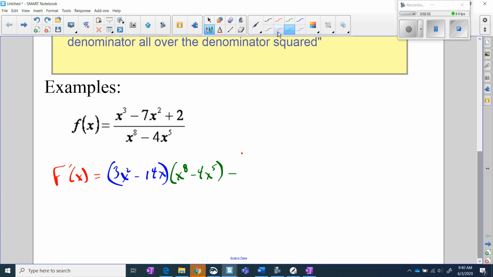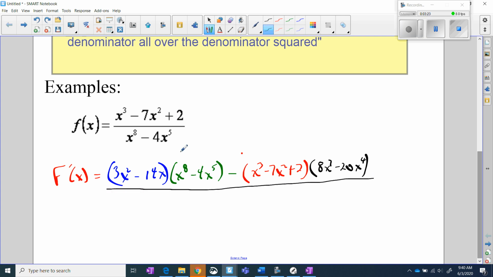Subtract the numerator, and you multiply that by the derivative of the denominator: 8x to the 7th, subtract 20x to the 4th. And then you just put everything that you just did over the denominator squared.